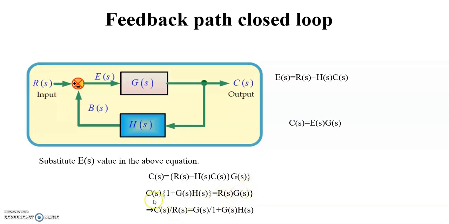So now what is the transfer function C(s) by R(s)? It is equal to G(s) by 1 plus G(s)H(s). Whenever feedback elements are present in your block diagram, you can directly put G(s) by 1 plus G(s) into H(s).